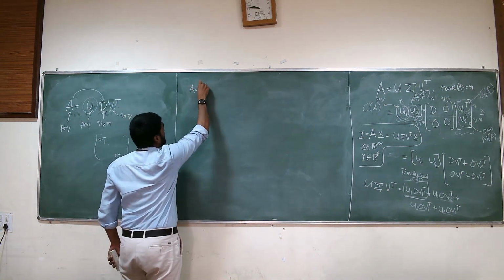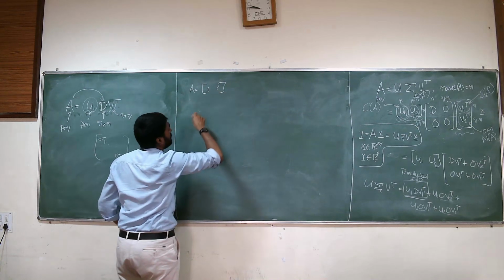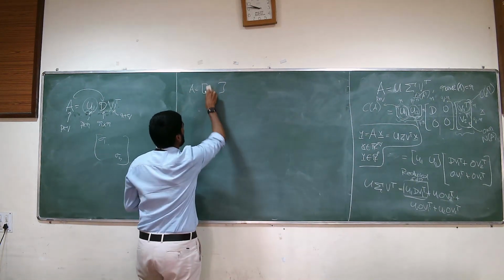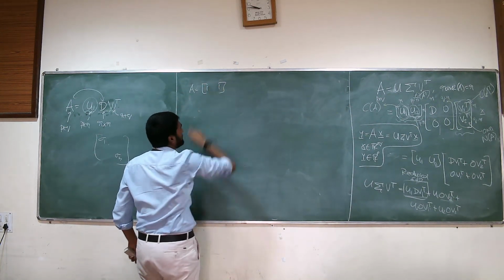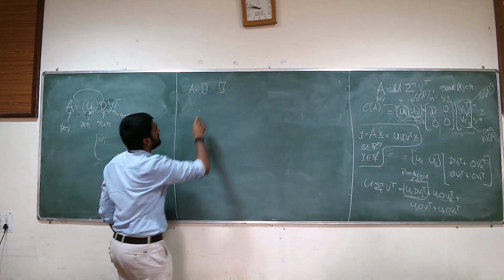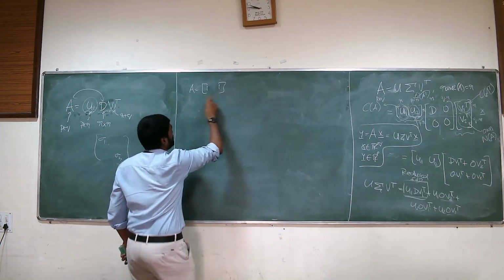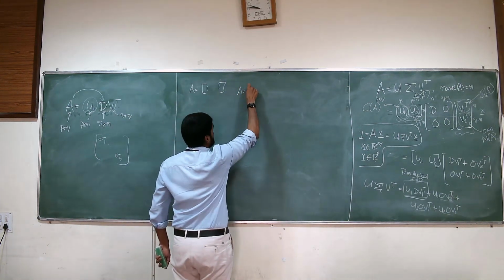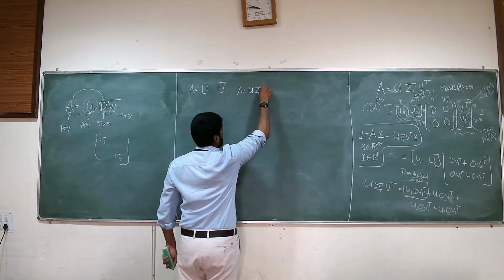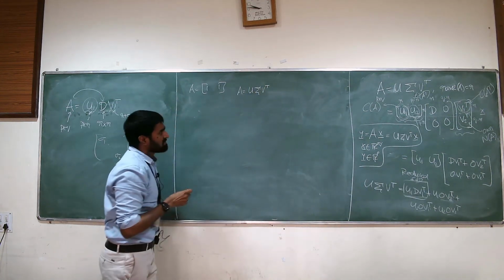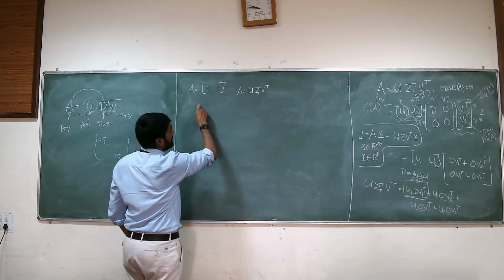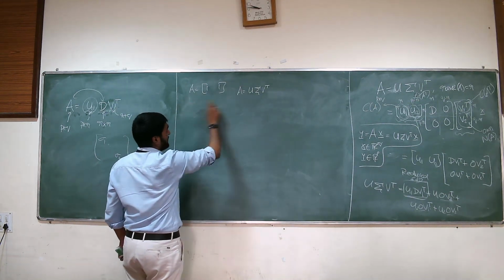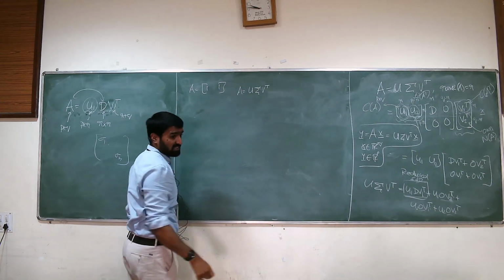Let's say A is 1, 1. What is the SVD of this? Well, we know how to find U, V and sigma.